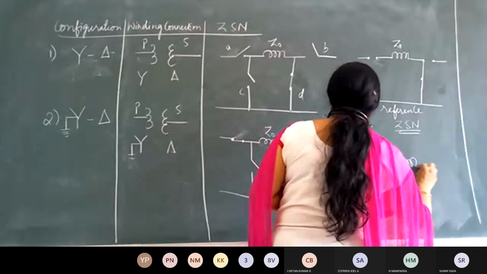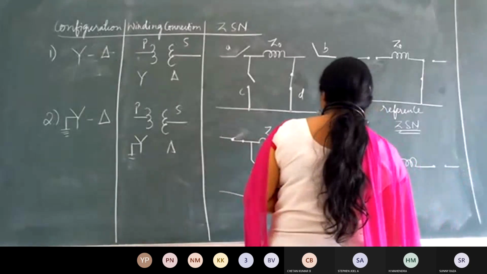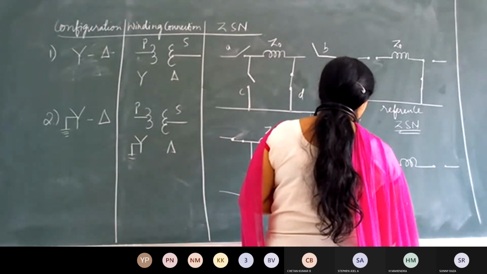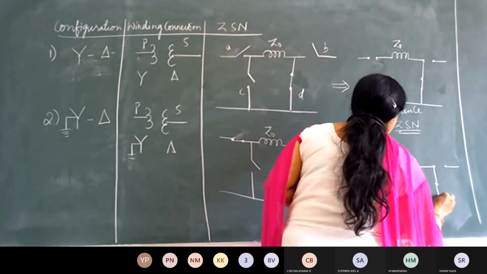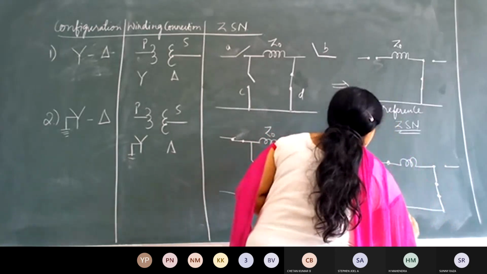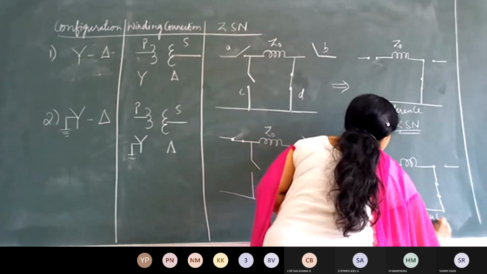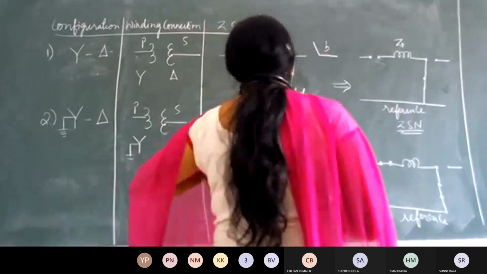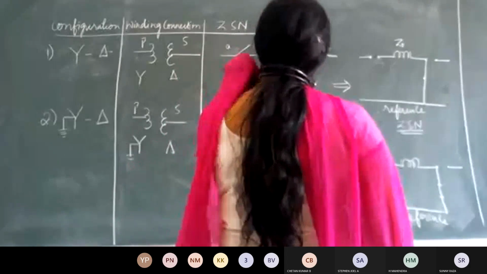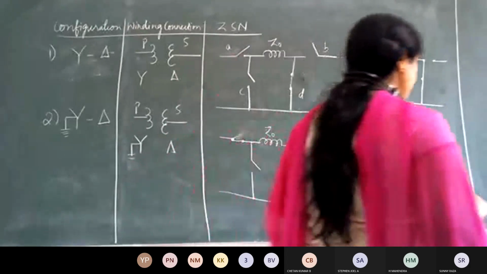We have Z0. Then this need not be included as it is open circuited. On the secondary side, the switch is closed, so it is shorted. So this is what we have. The final zero sequence network for the configuration: star with the neutral grounded on the primary and delta connected on the secondary.